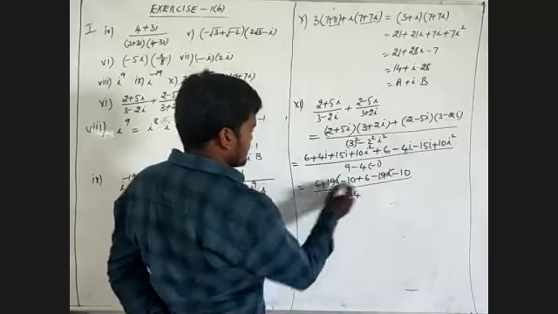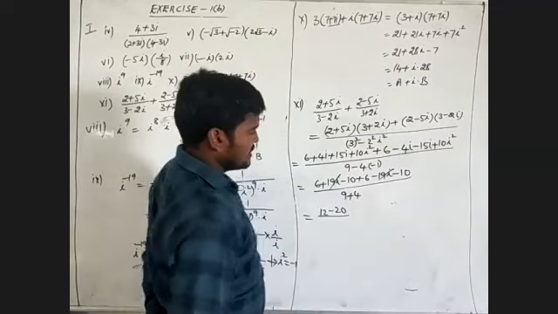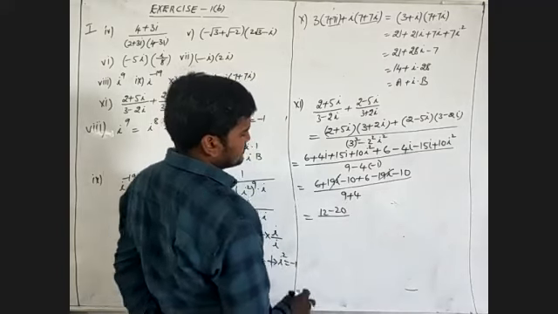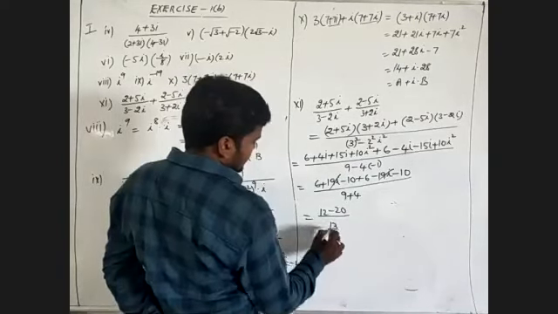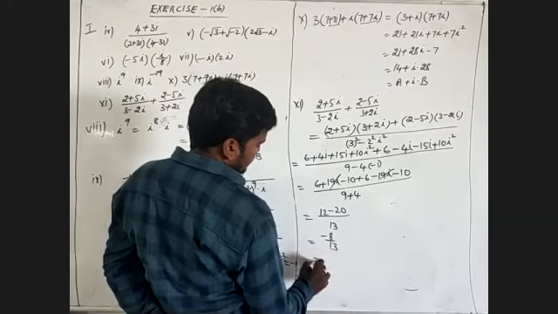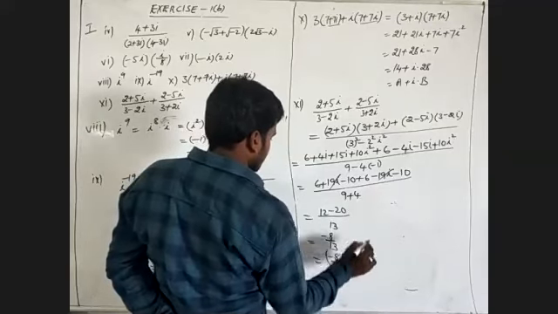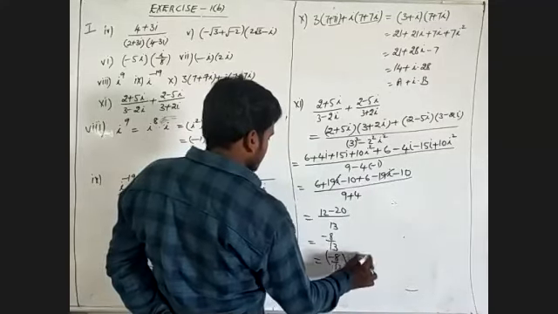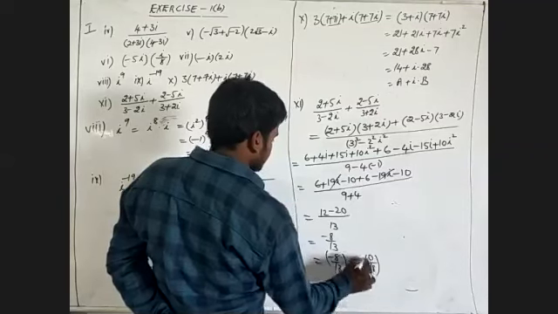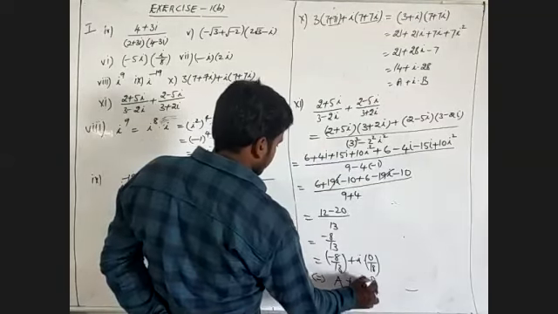Here 6 plus 6 is 12, 12 minus 20 by the denominator 13. That must be written as minus 8 by 13. That means minus 8 by 13 plus i into 0 by 13. Then it is of the form a plus i b.